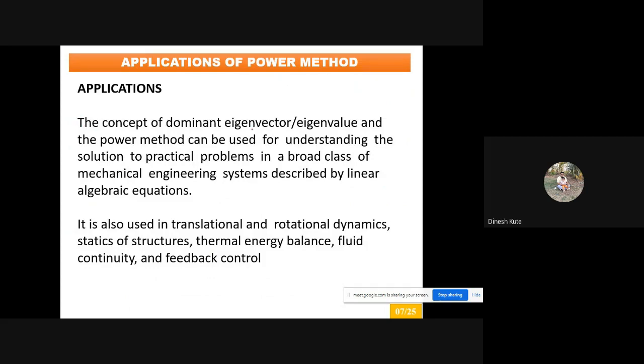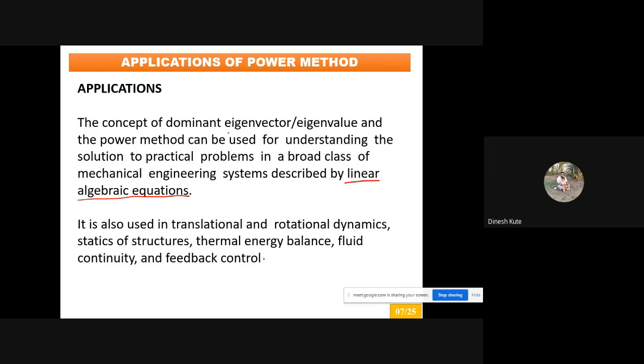The concept of dominant eigenvalue, or the largest or lowest eigenvalue, of this power method can be used for understanding the solution to practical problems in a broad class of mechanical engineering systems described by linear algebraic equations. It is also used in translational and rotational dynamics, statistics of structures, thermal energy balance, fluid continuity, and feedback control.